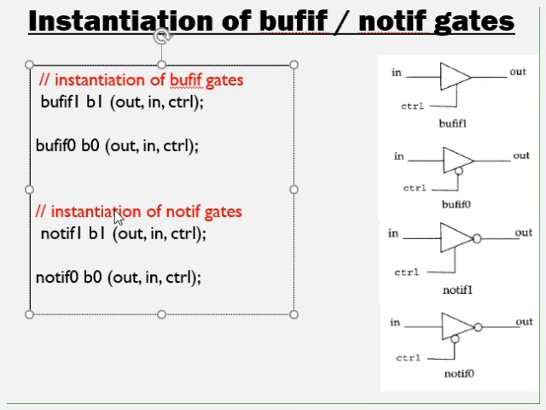In a similar manner, we can instantiate the notif gates. So notif1, the name of the primitive gate is notif1, and let me take the instance label as say N1, and out, in, control is the terminal list. Similarly, notif0, let me take the label as N0, out, in, control.